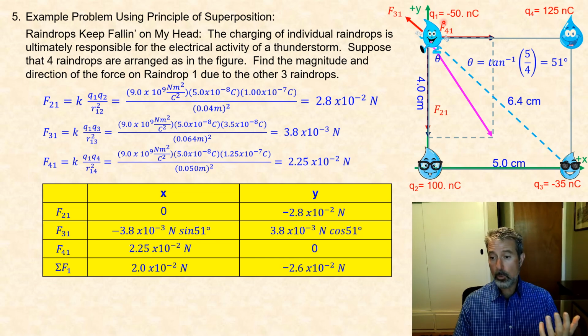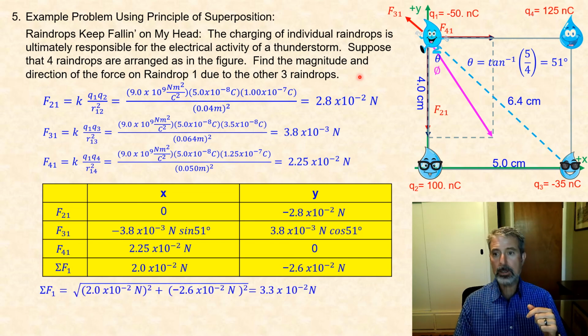To describe that pink vector, our net force, we need to specify its magnitude and its direction. For its direction, we will need to find that angle phi.